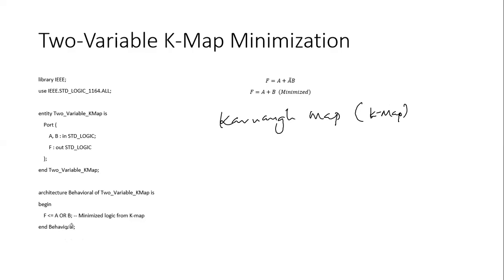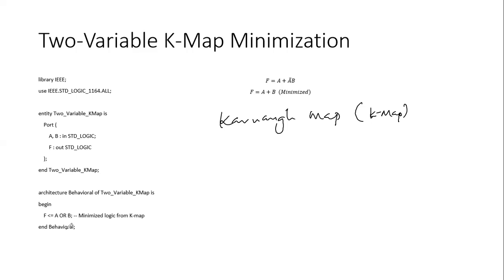We just saw how we're able to use the Boolean algebra to minimize the given logic expression. Okay, so K-map is another way we could do that. And we use the graphical approach. The number of boxes here will be equivalent to what we have in the truth table.